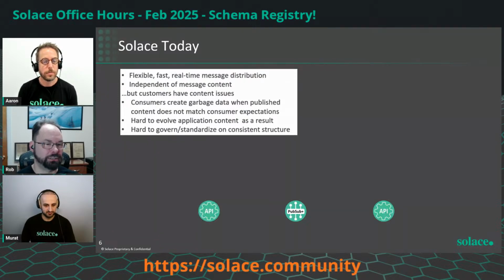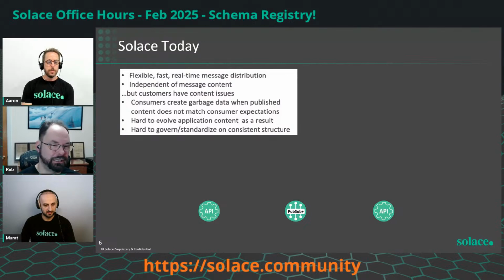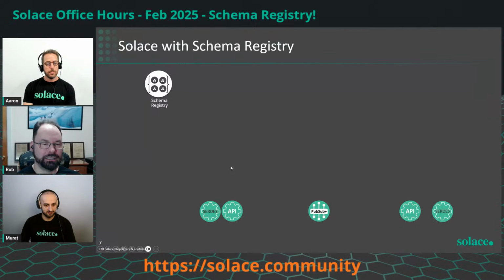publisher and a subscriber? And so basically what we're doing in our implementation is adding another component, a schema registry. And the schema registry will talk to new components called SERDES that are attached to our APIs. And it's the SERDES that is aware of the payload format.